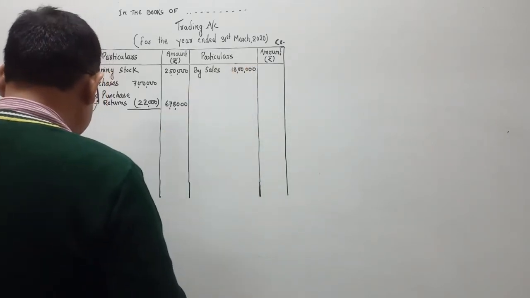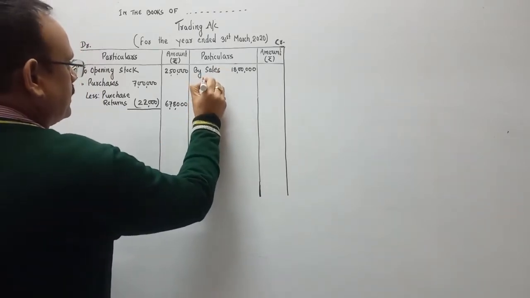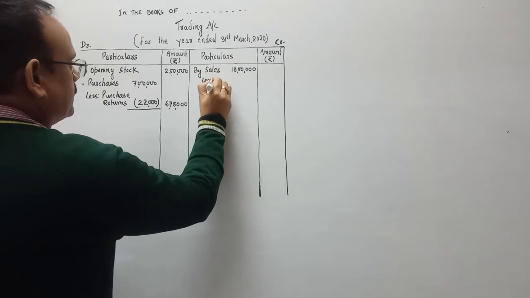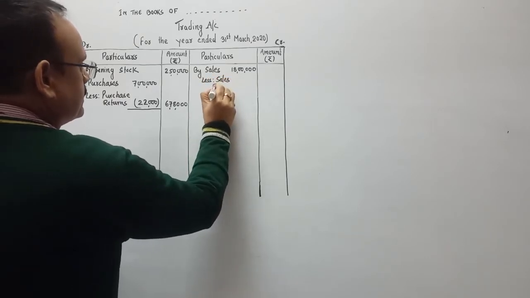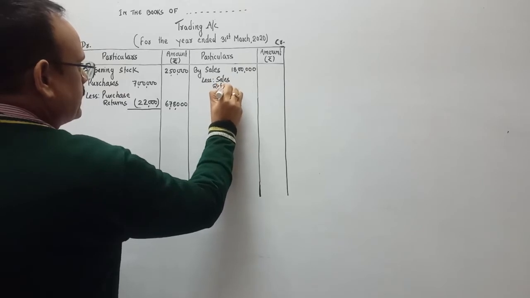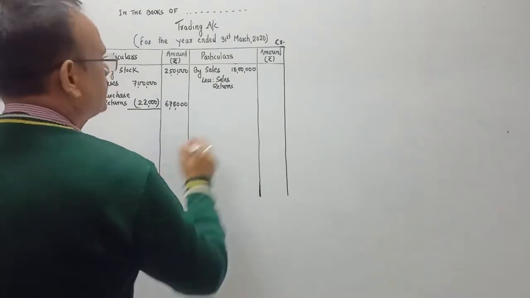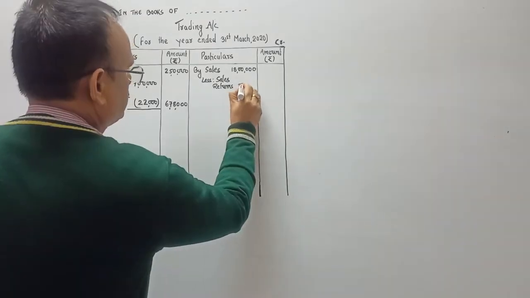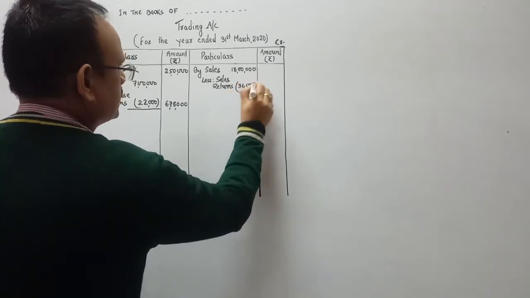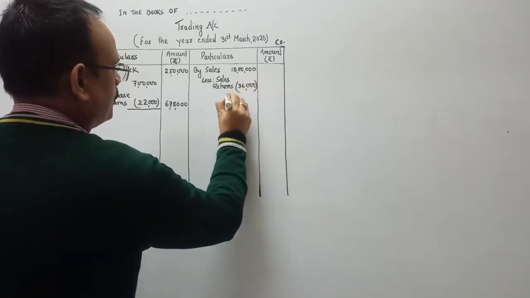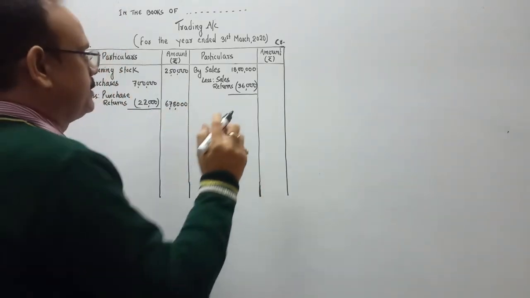You deduct sales return from this. Sales return is 36,000. So deduct the sales return from sales to know the net sales.